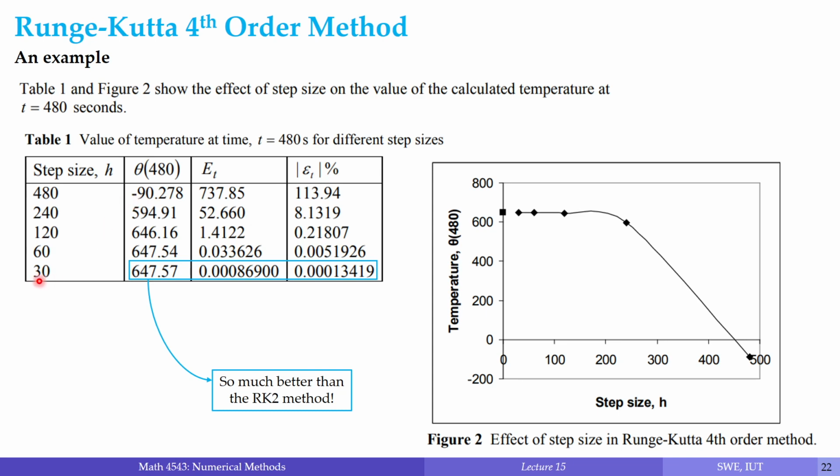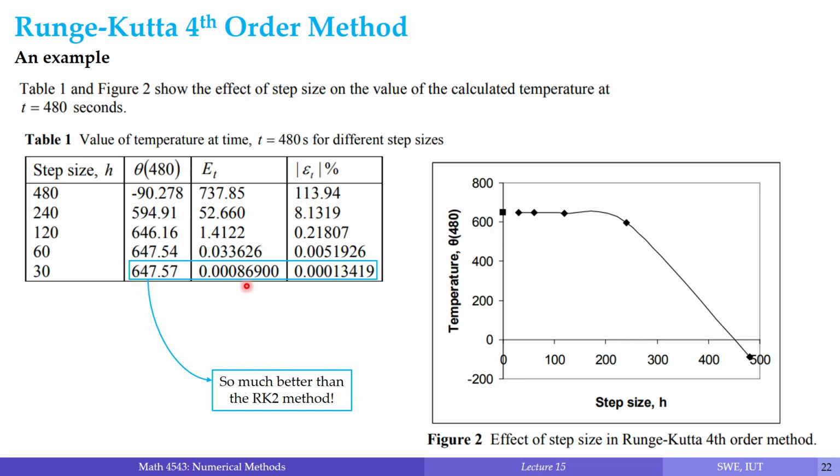Now let's talk about the lowest extreme, which is the step size of 30 seconds. When we take 30 as our step size, intuitively you should get a better approximation. We have seen that as we decrease the step size, our errors get lesser and lesser, and our approximations get better and better. In the case of the RK4 method, we end up with a final approximation of 647.57.